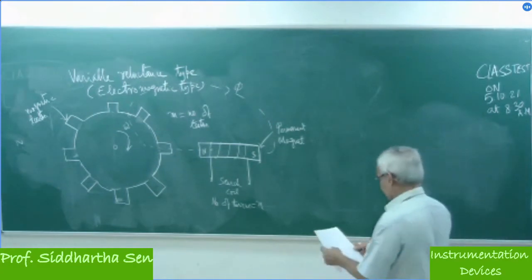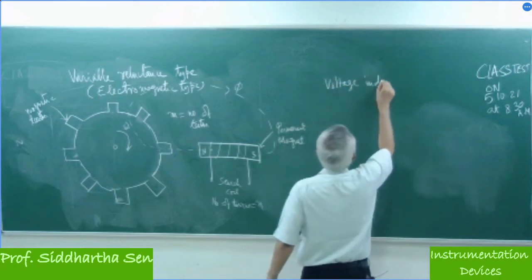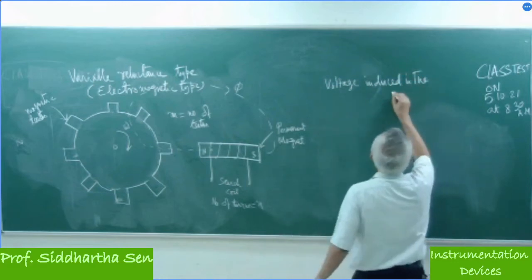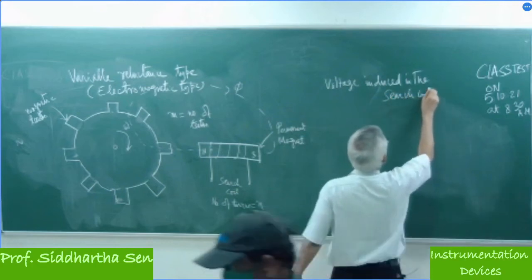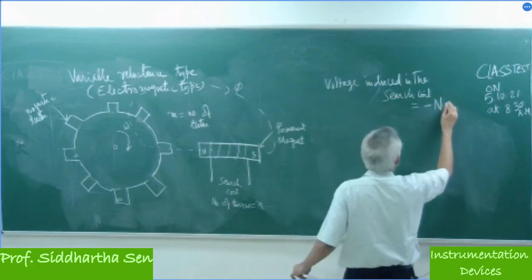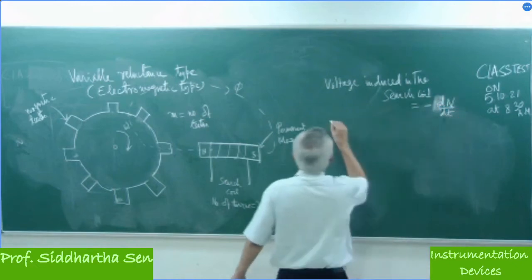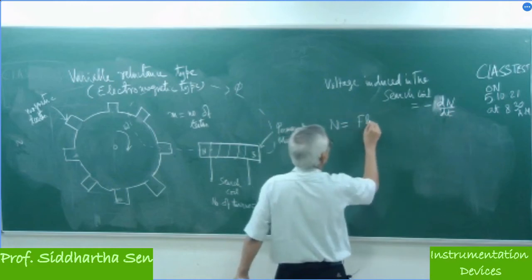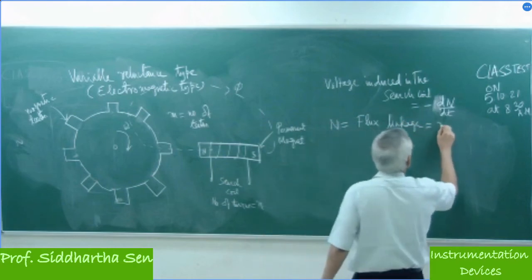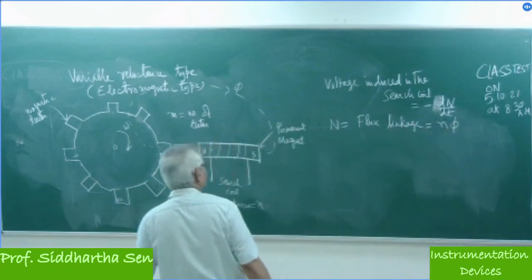The voltage induced in the search coil is equal to minus dN/dt, where capital N is the flux linkage, equal to small n into phi, where small n is the number of turns.